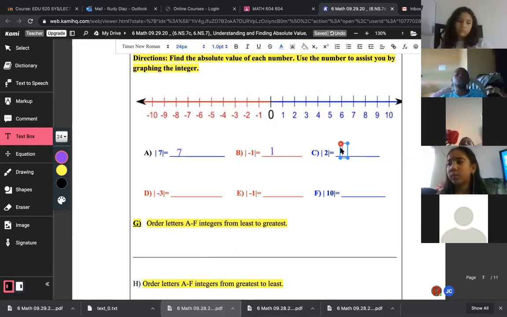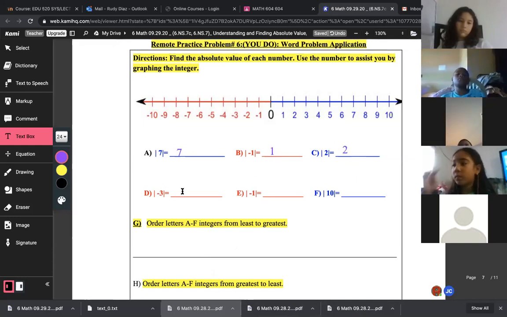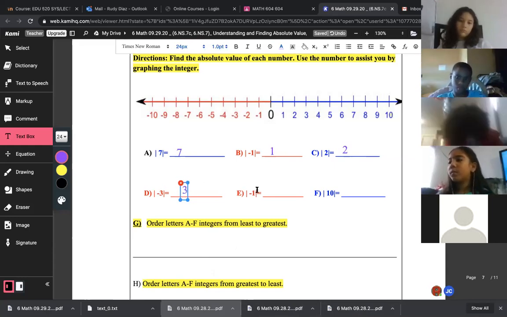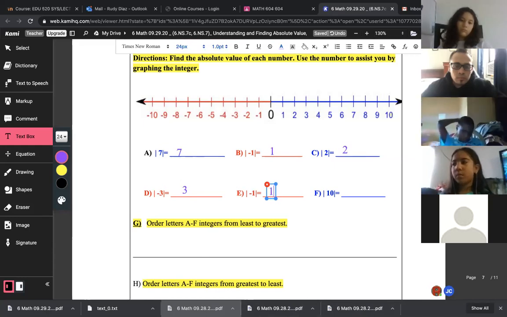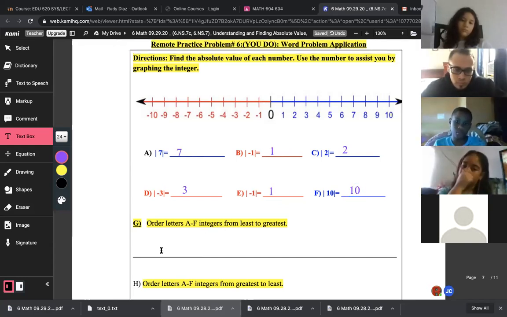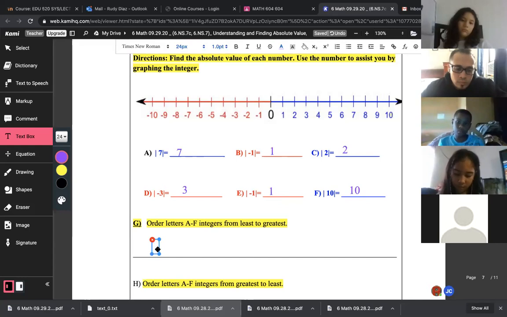How far is 0 from 2? 2. Good. Next one. Justin, the absolute value of negative 3. The opposite value of negative 3 is 3. Perfect. Emma, the absolute value of negative 1. 1. Samiri, the absolute value of 10. 10 units. Who said the absolute value of 0? What is that? 0. Good.